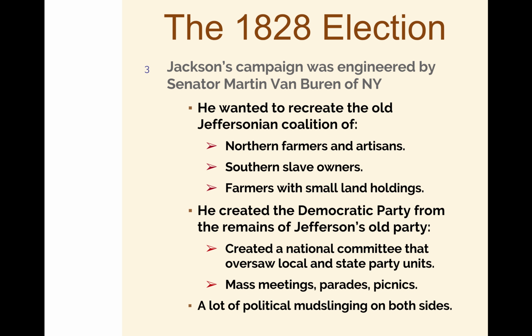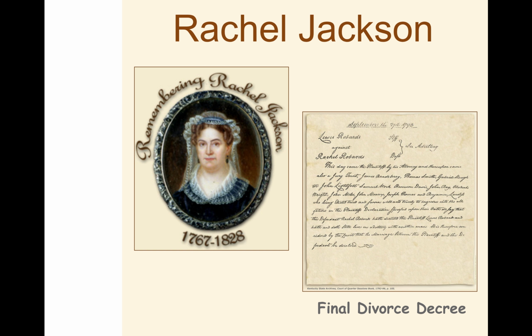And one of the major sources of this mudslinging surrounded Andrew Jackson's late wife. Okay, actually, she was still alive during the scandal, but died shortly thereafter. So Rachel Jackson, Andrew Jackson's wife, had actually been married previously to another man. And when she married Andrew Jackson, her divorce was in the works, but it was not finalized. So technically, or legally, Rachel Jackson was still married when she married Andrew Jackson.